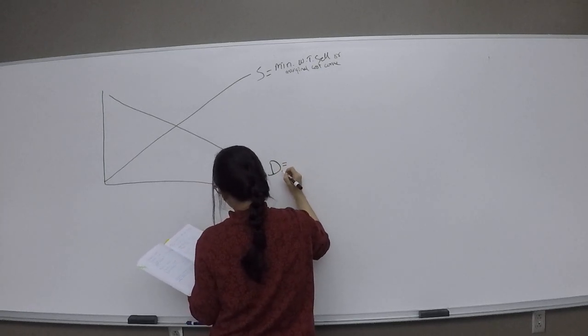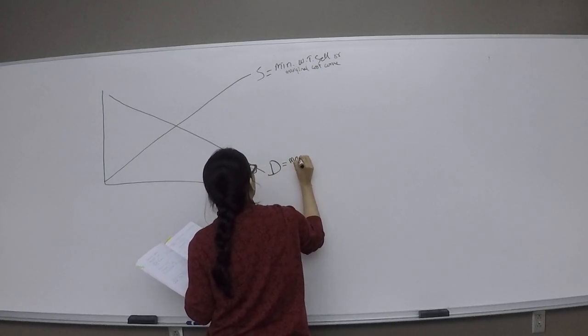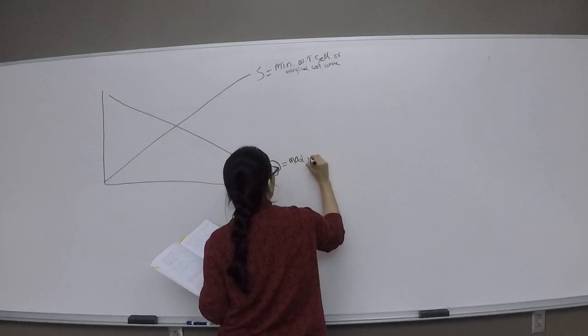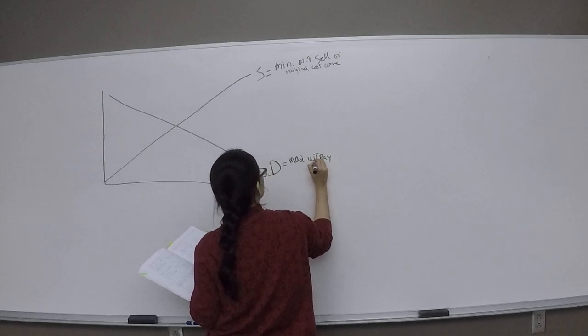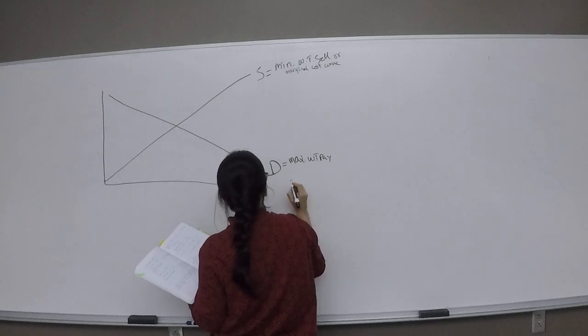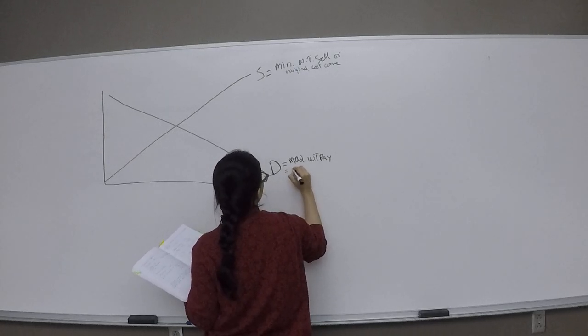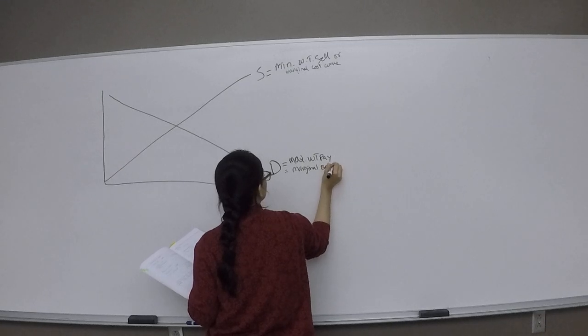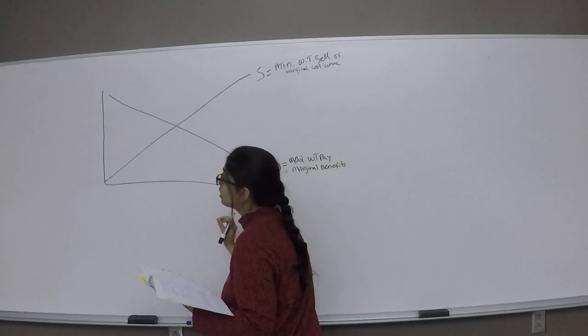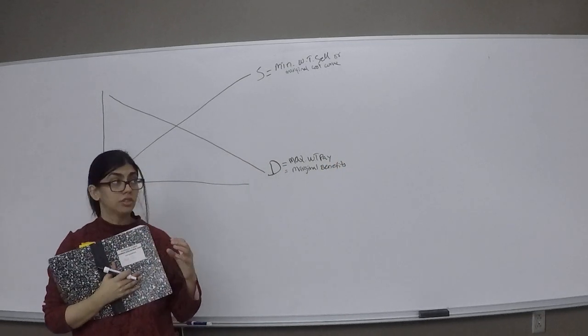Demand is equal to your maximum willingness to pay, or marginal benefits. This is what supply and demand are made up of.